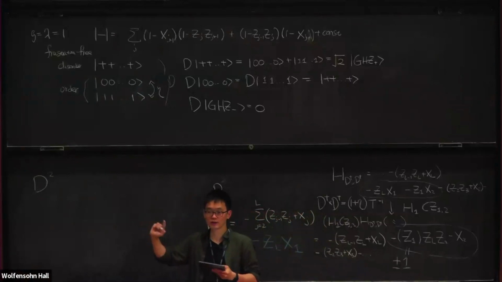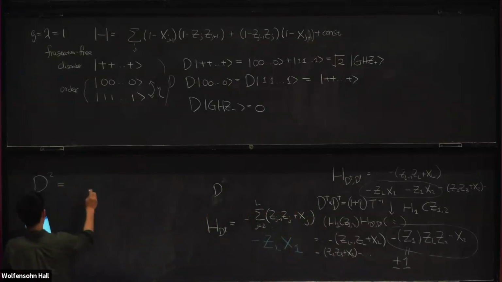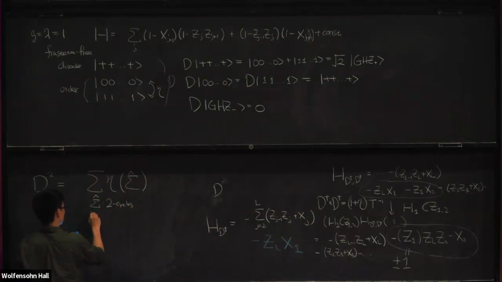Well, there's only one equation that will make sense, and that turns out to be the correct one. If you don't know where to put your one-form symmetry operator, you simply sum over them. So you take your cubic lattice and you sum over all 2 cycles in the dual lattice.